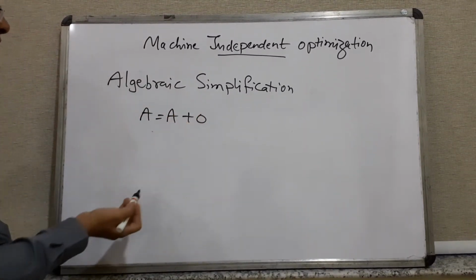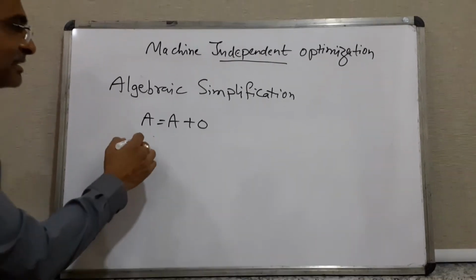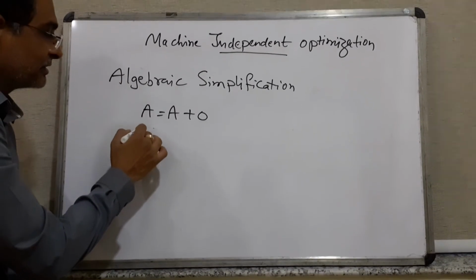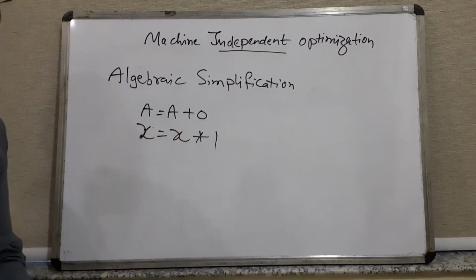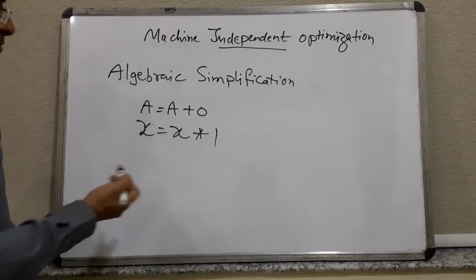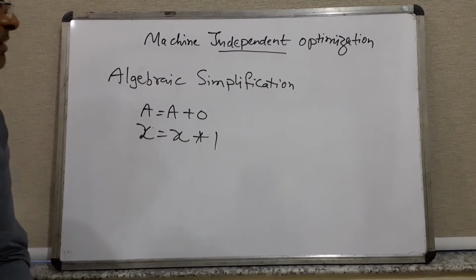What is the meaning of A is equal to A plus 0? It's nothing. Such statements we should try to eliminate. This is simplification. Next, X is equal to X into 1. What is the meaning of this? It's the same thing, right? So these statements can be very easily eliminated. This is algebraic simplification.